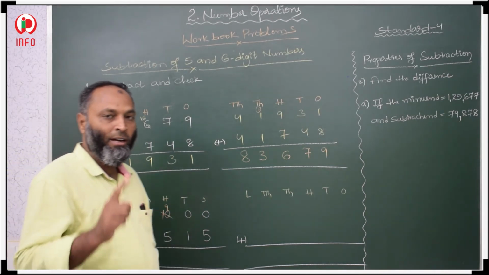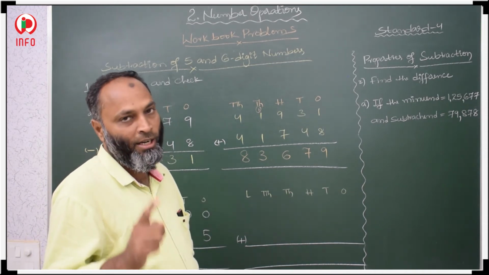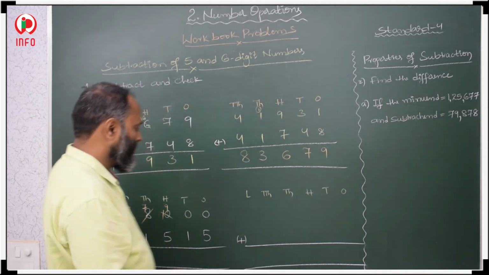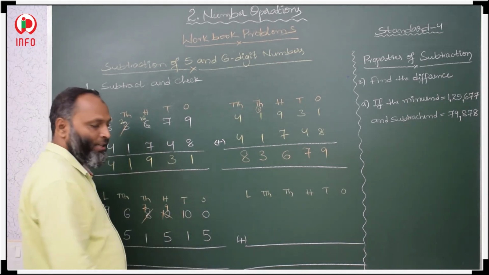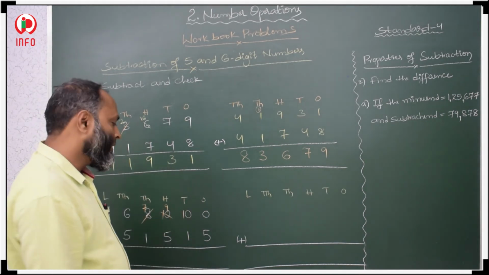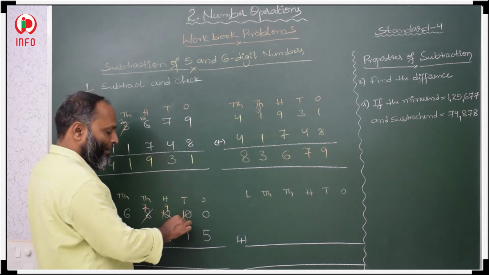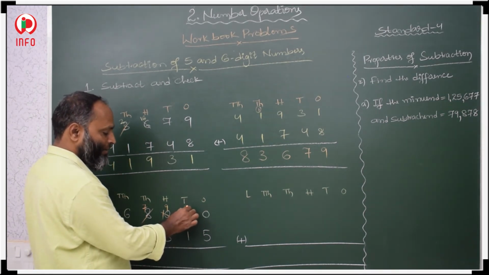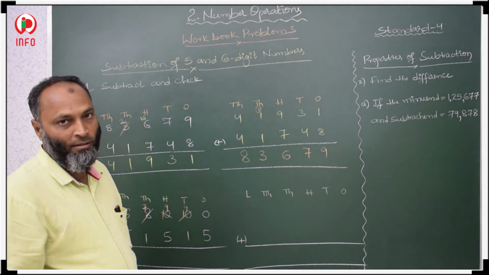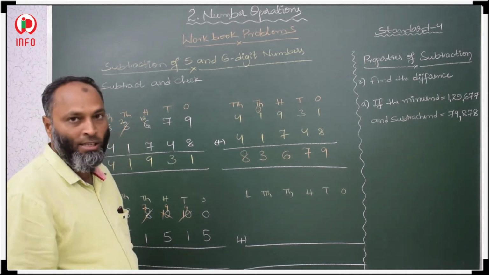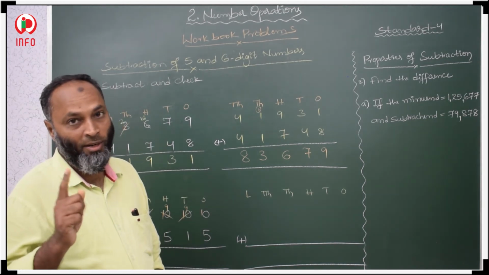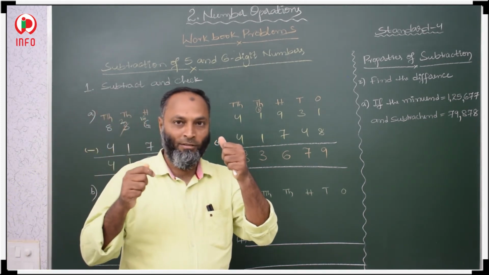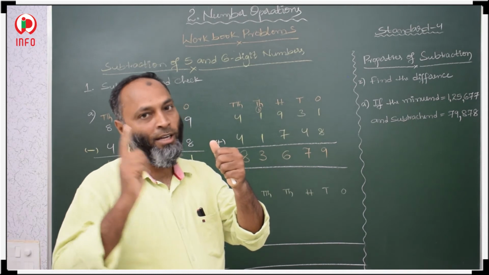In 100, 10 tens are there. So if I convert that 100 into tens, I get 10 tens. In these 10 tens, I want to take 1 ten to this side. Here 9 tens are left. 1 ten is equal to 10 ones. Understood? 1 ten rupee note is equal to 10 one rupee coins.